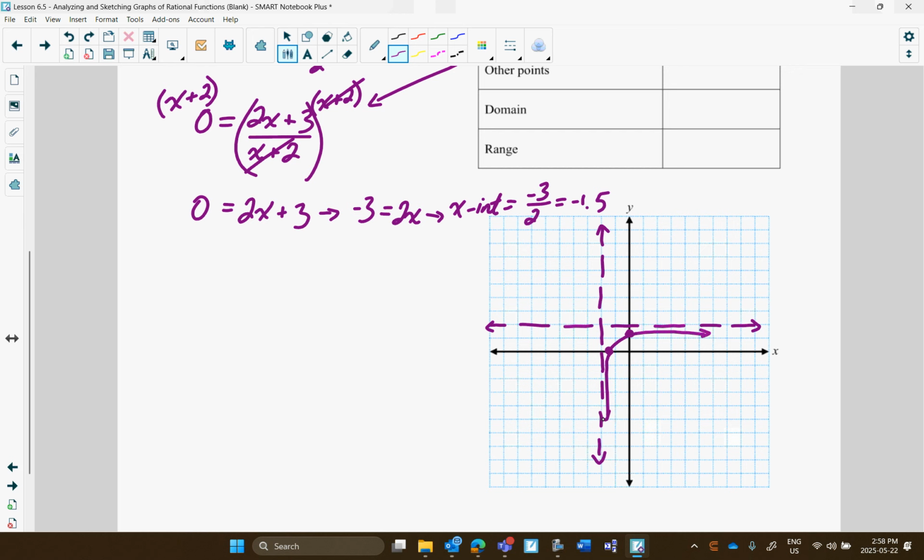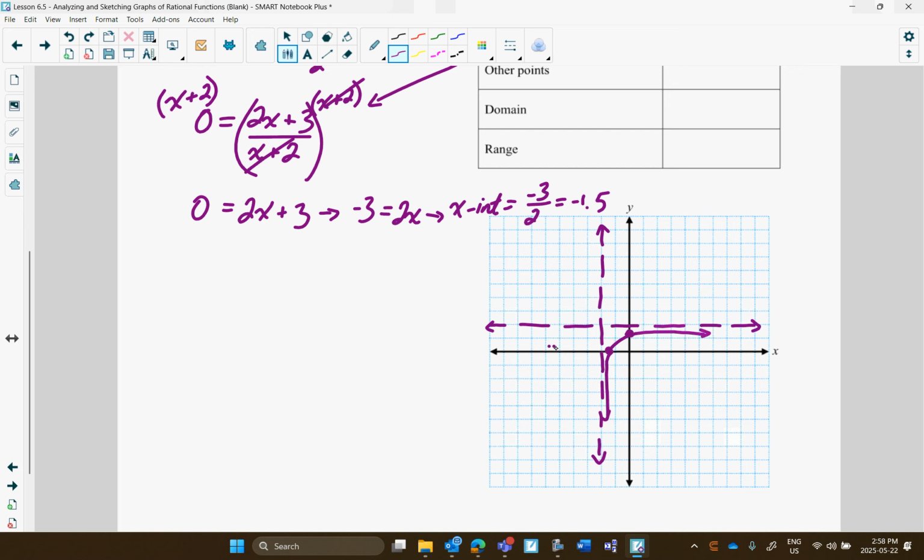But remember, unless it's a square, if something's happening here, something's going to happen in the opposite corner. So I need a point over here. That's why I listed other points. So what would be a good point I could find over here?